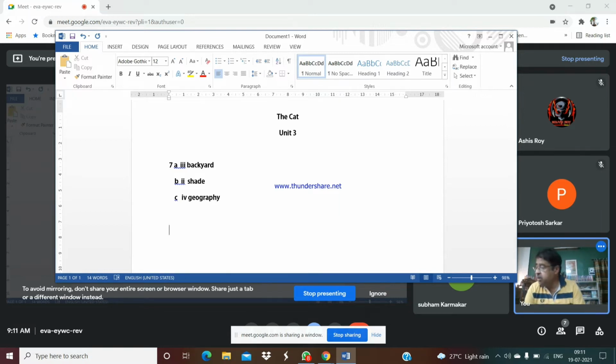Now coming to 8. Complete the following sentences with information from the text. 8 A. When the family gathers round the fire, the cat casually goes out of the room.